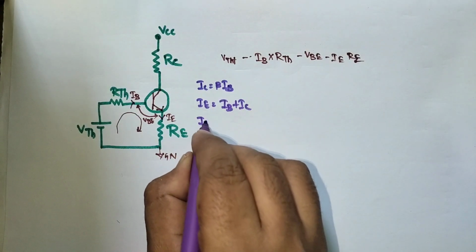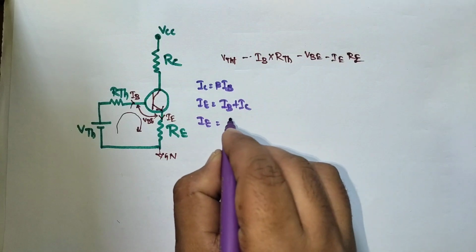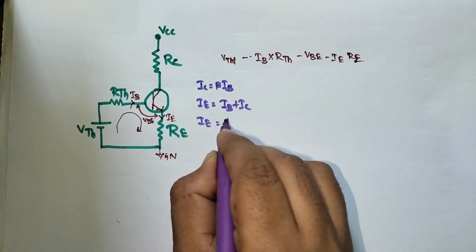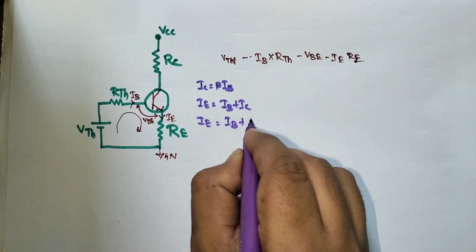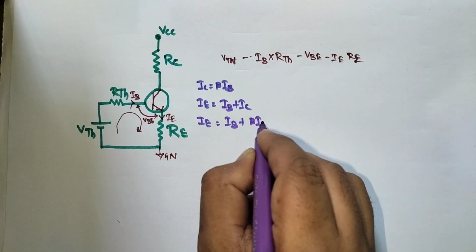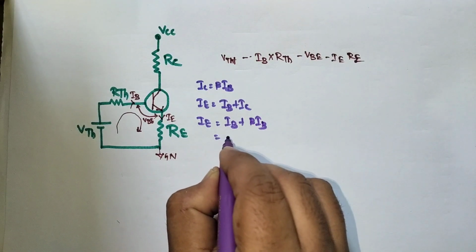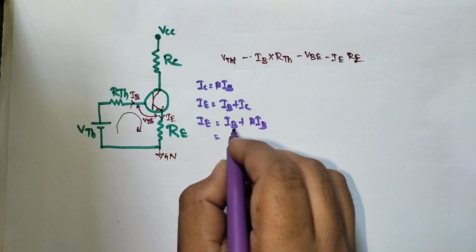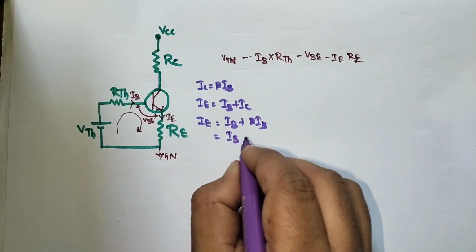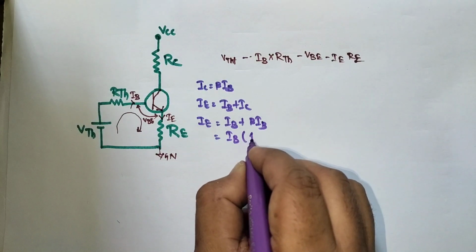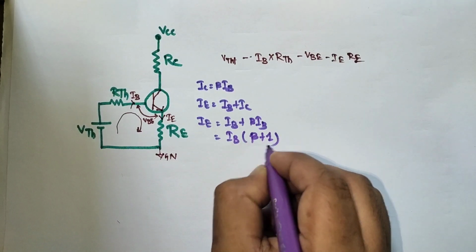So IE can be written as IB plus beta IB, and taking IB common, IE equals IB into (beta plus 1).